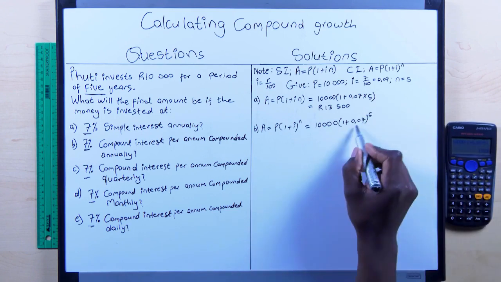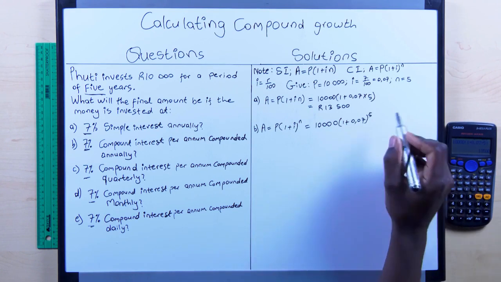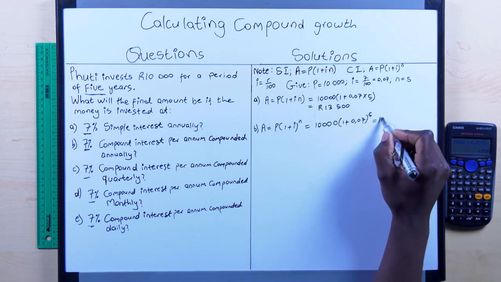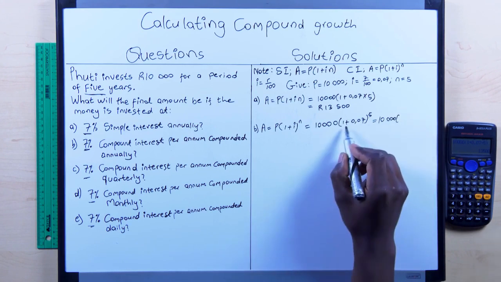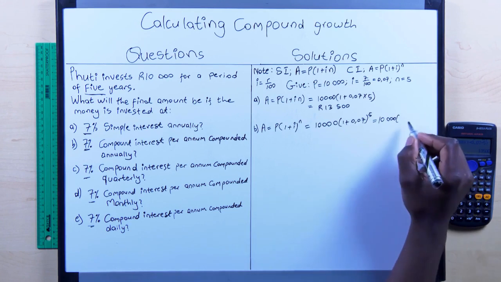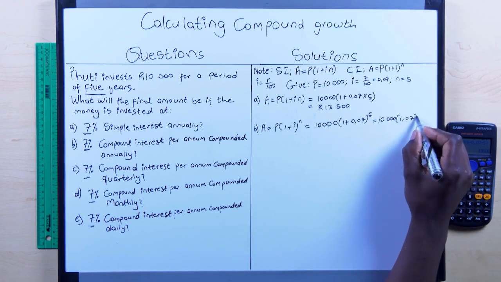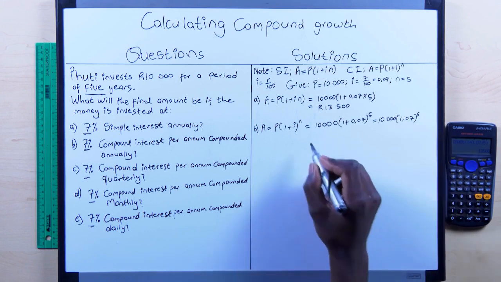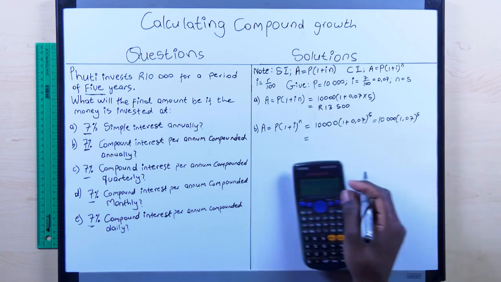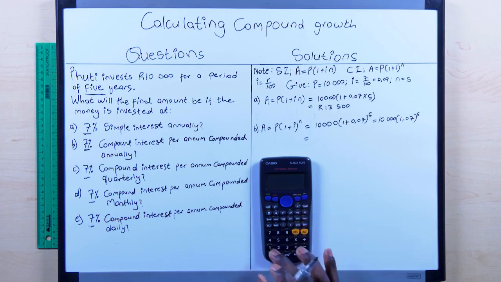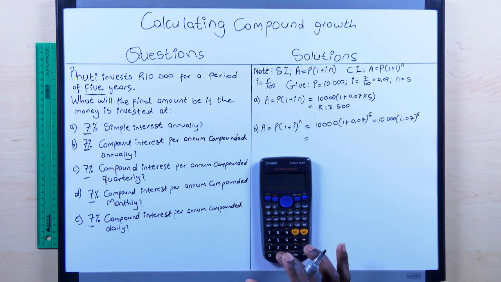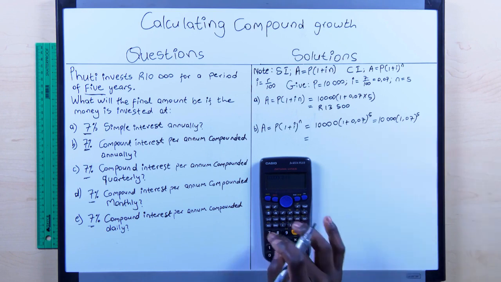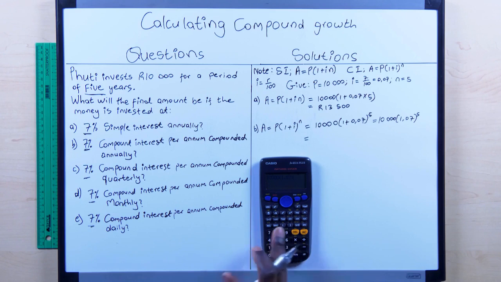I would like to expand this bracket for the sake of explanation. So you have 10,000 here. You have the right to add these, which gives you 1.07 to the power of 5. Then that is what you will calculate. Go to your calculator: 10,000, open bracket, 1.07, close bracket, to the power of 5, equals.